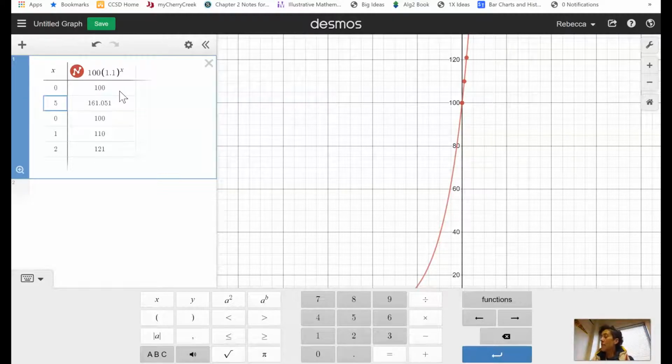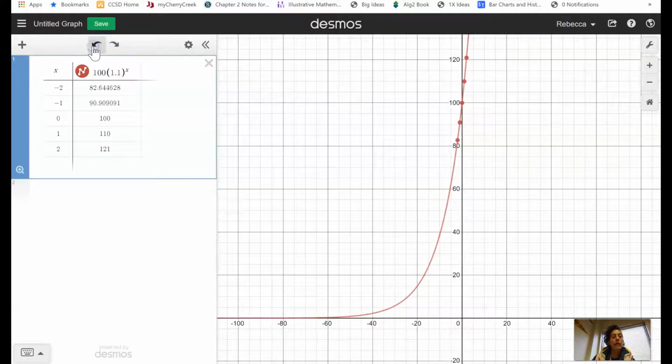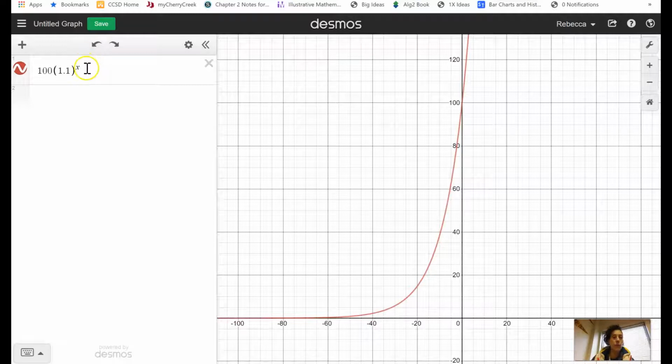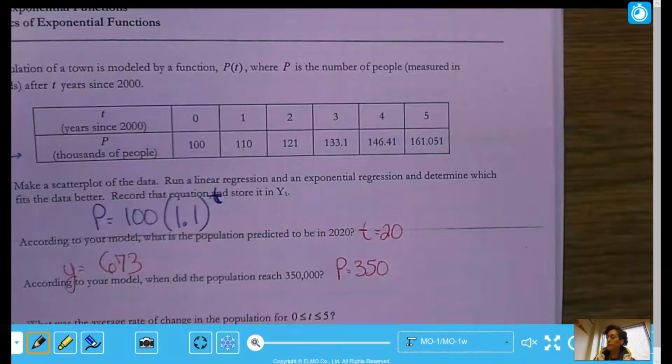And then I want to answer the other question. So what I don't need is this table anymore. If I hit this x, then I have to retype the equation again. If you just hit this back arrow, it's going to, until we get back to where we are, that's great. So this is a systems of equations. So I am actually going to switch back for this quick moment.